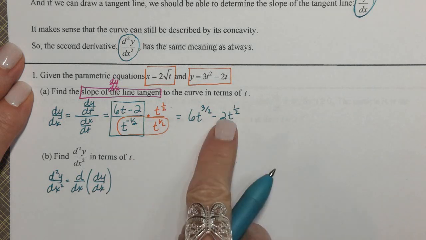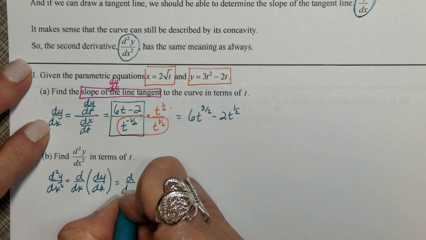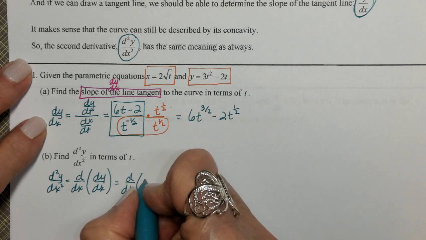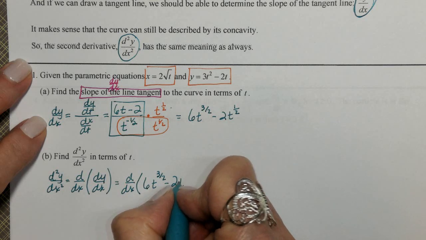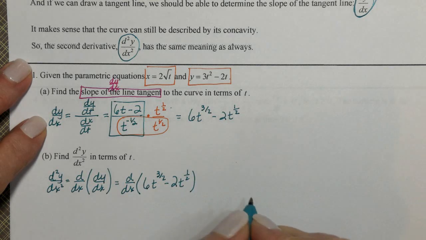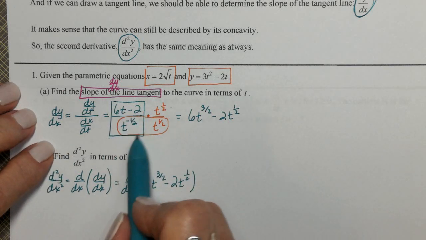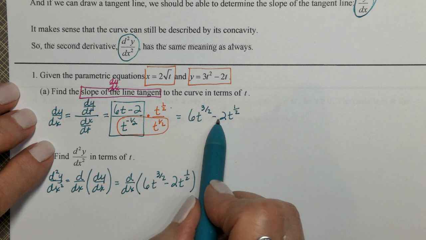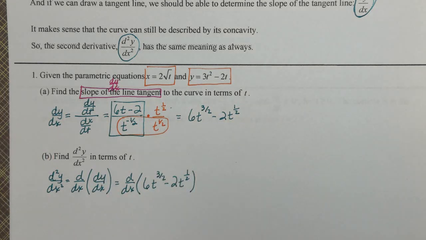We just found dy/dx, so we are taking the derivative with respect to x of 6t to the 3/2 minus 2t to the 1/2. If you're finding the second derivative, always simplify the first derivative before you find the second derivative. You'll be helping yourself if you do. You will get a complete mess sometimes if you don't simplify before finding the second derivative.